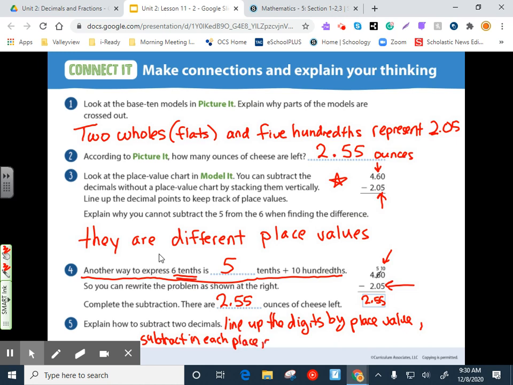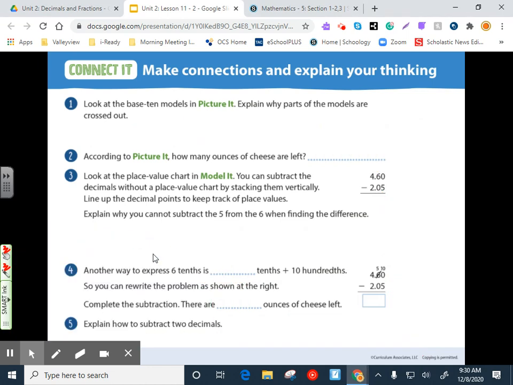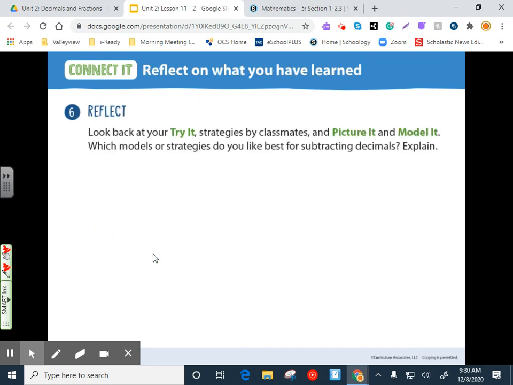And regroup or borrow if necessary. Should be enough. So there you go. So that's just your general rules for subtracting whole numbers or decimals. Line them up by place value, subtract in each place, and regroup or borrow if necessary. All right, we can cross out 6 and then go on to 7.